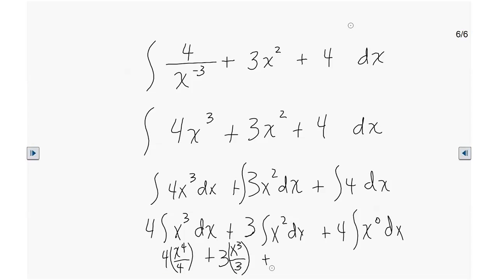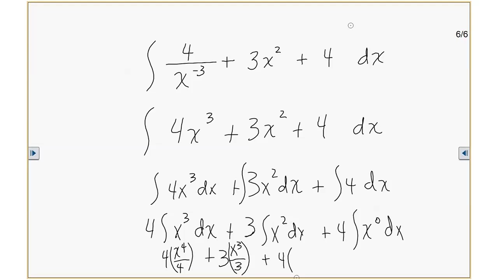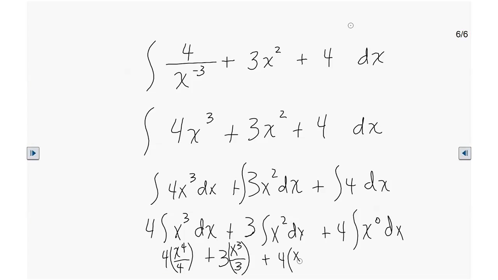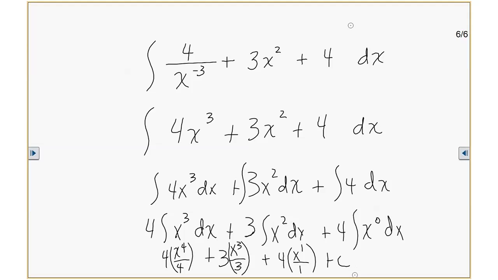Plus 4. What's that one? X to the first over what? 1. And of course, the 4's cancel, x to the fourth. The 3's cancel. Well, that don't always happen. X to the third plus 4x.